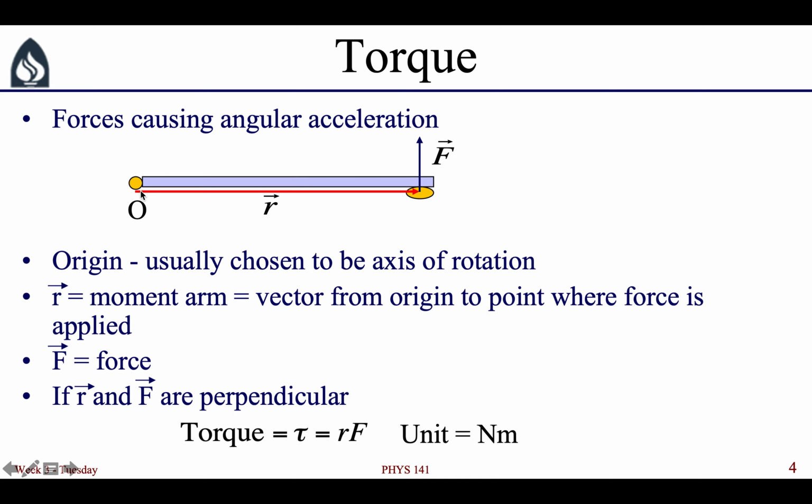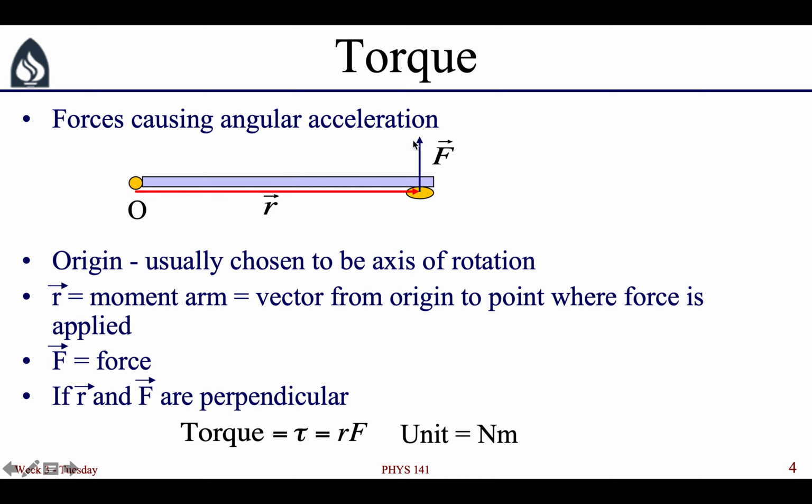The moment arm, which we've labeled as r, is a vector that goes from the origin to the point where the force is applied. Here we're pushing on the doorknob, and so the moment arm goes from the hinge to the doorknob.